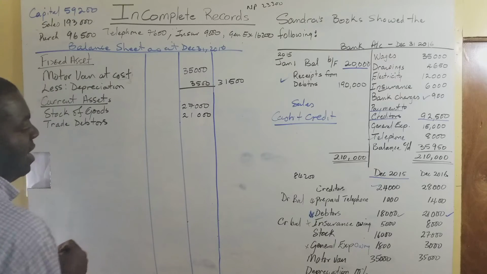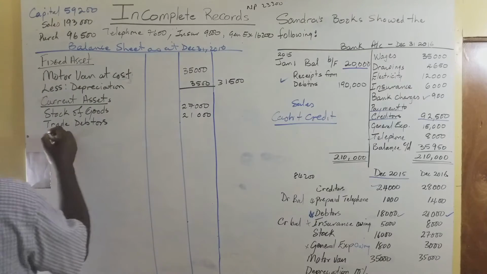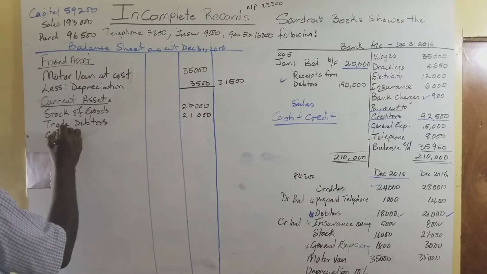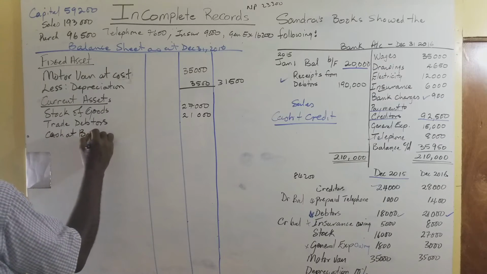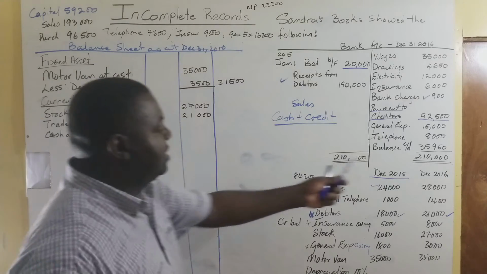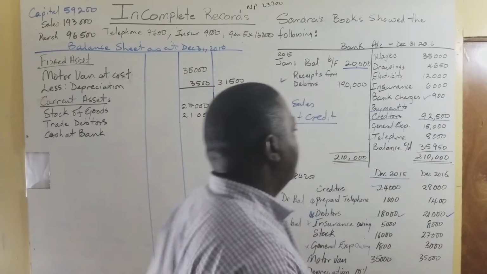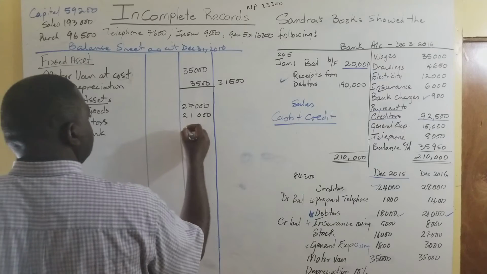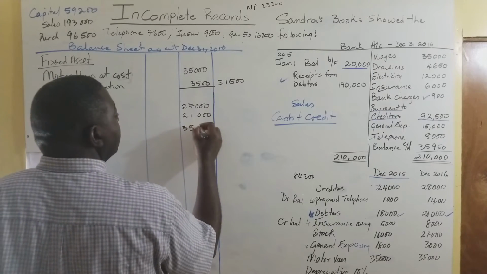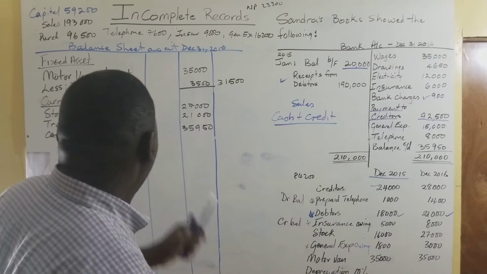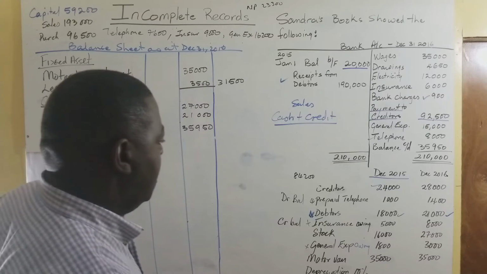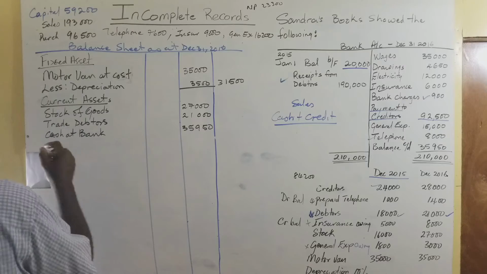After that, we're going to have our cash at bank, which would be this closing figure here, 35,950.